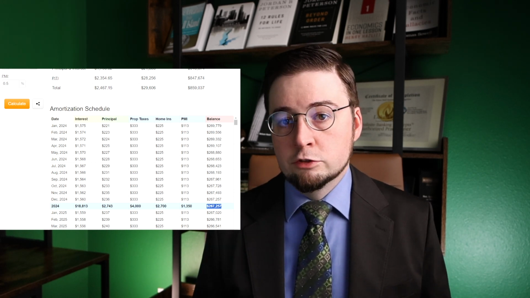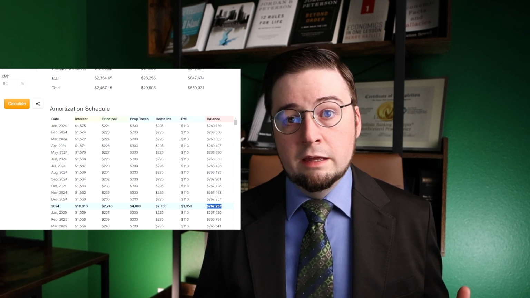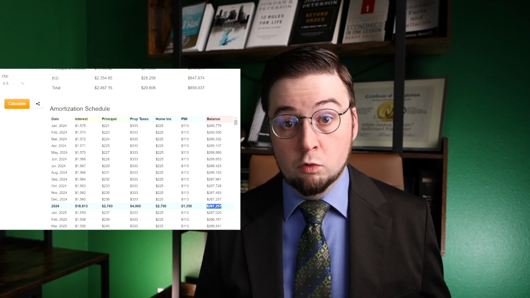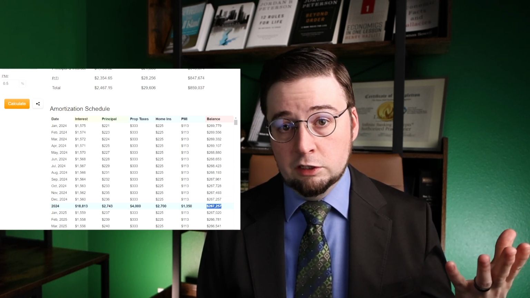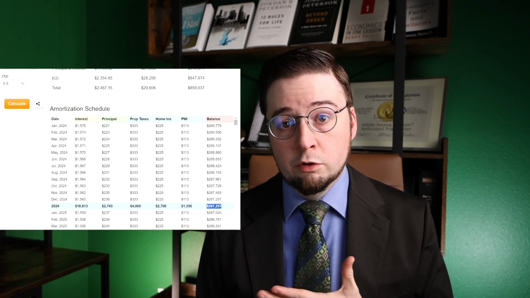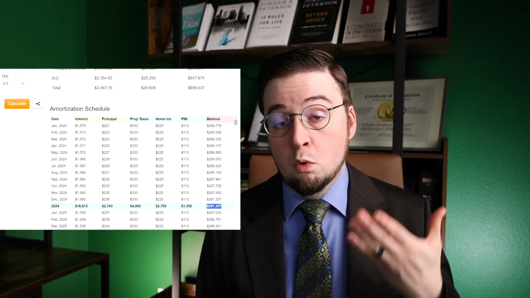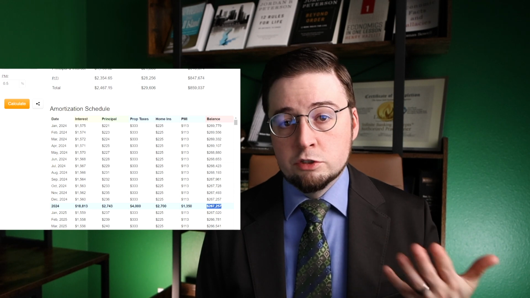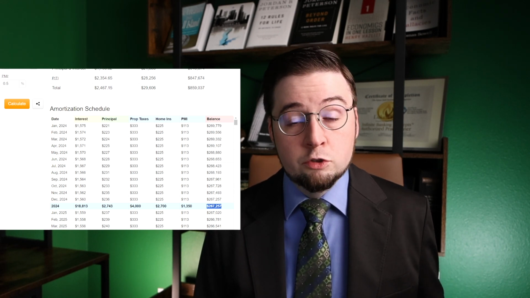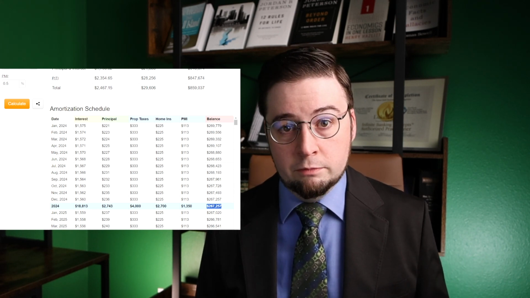And to make matters worse, the way that mortgage amortization works is that the highest interest is at the beginning of the loan, and as you go further into the loan, you pay more towards the principal and less towards the interest. In other words, you're paying the bank first for their trouble and time in giving you the loan.